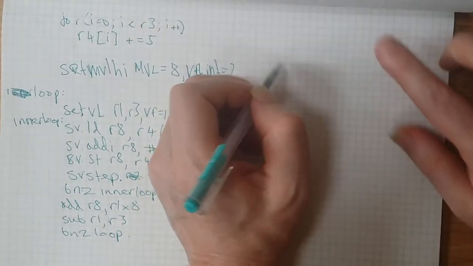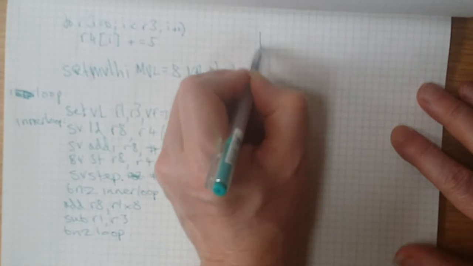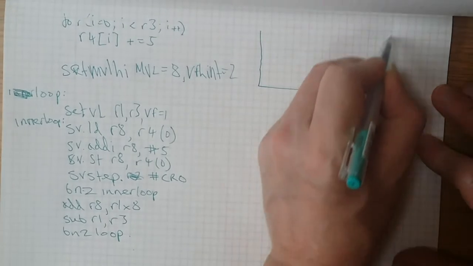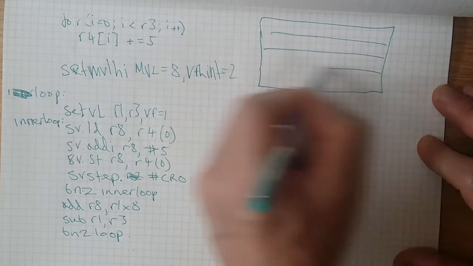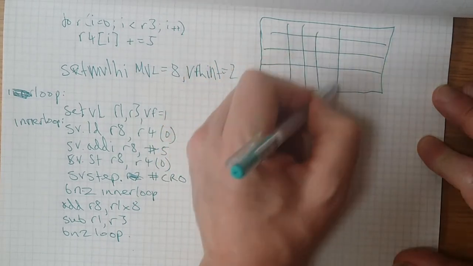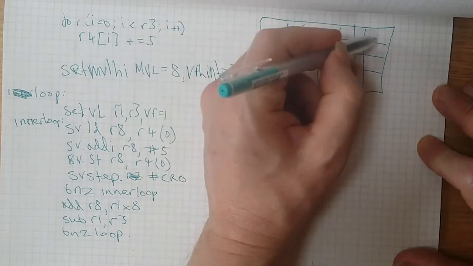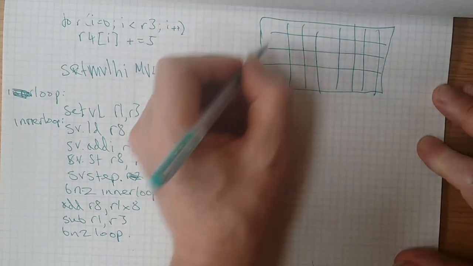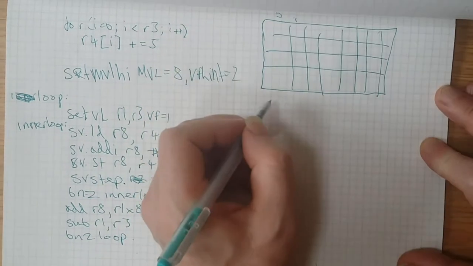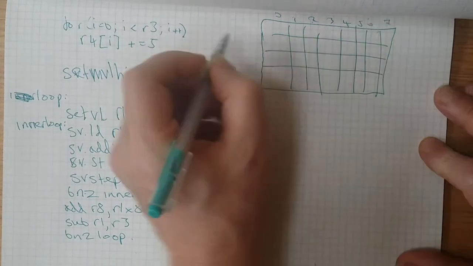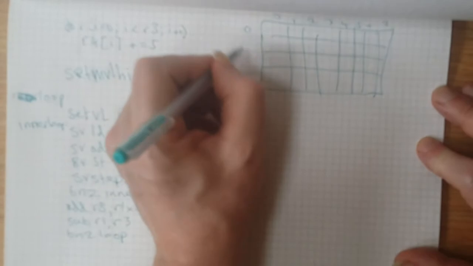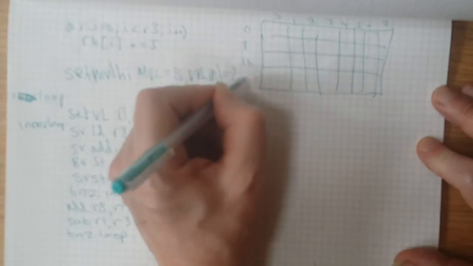Now again, let's do our register file. 0 to 7, then 0, 8, 16, 24, and so on. All right.